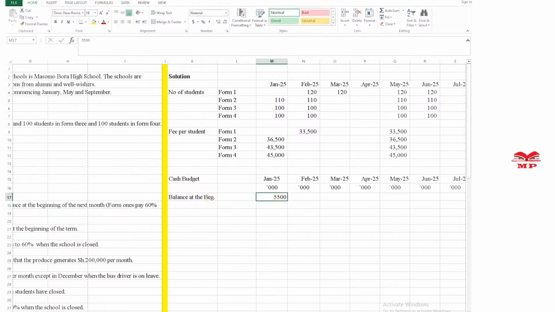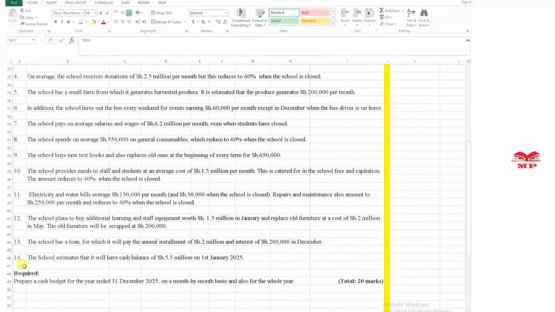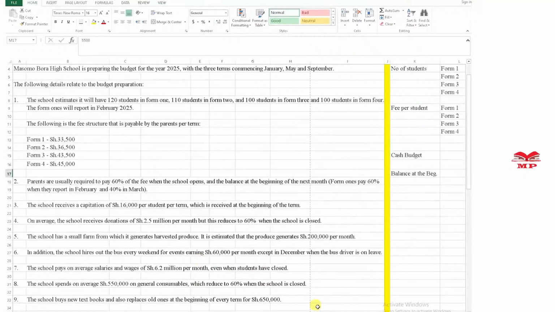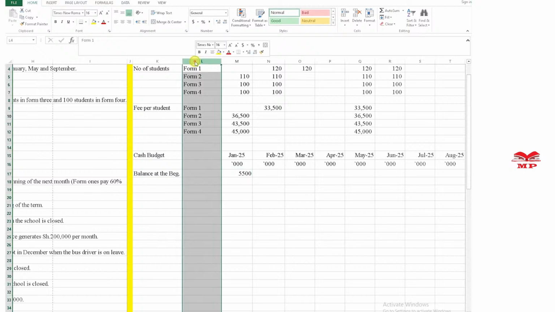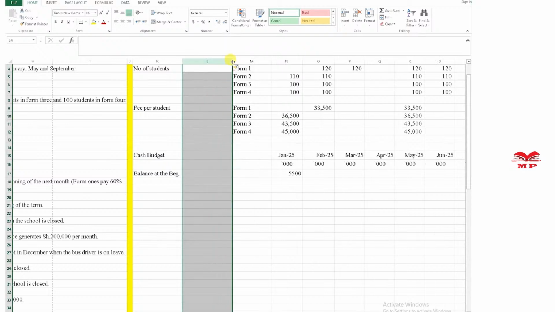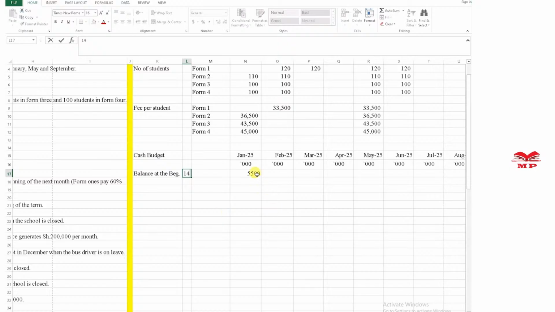And this one is, of course, note number 14. Let me just put it maybe somewhere just beside it over here. I can just insert here, so that I cannot perhaps become mixed up. Or I don't have to do it like that.